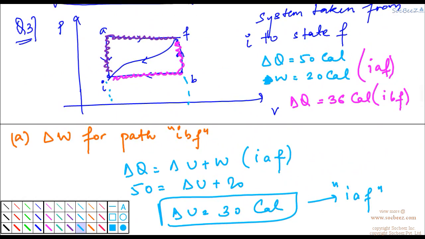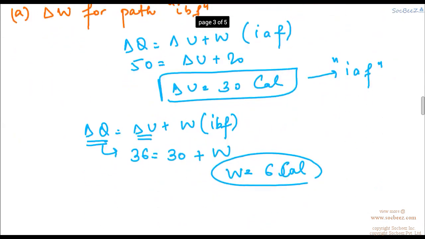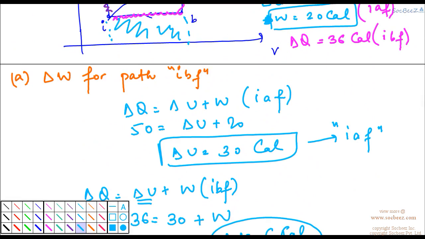Now, as I said, the work for IAF was this whole box plus this bottom area, right? And for IBF, it was just the bottom area. So the area of the bottom one is 6 calories.